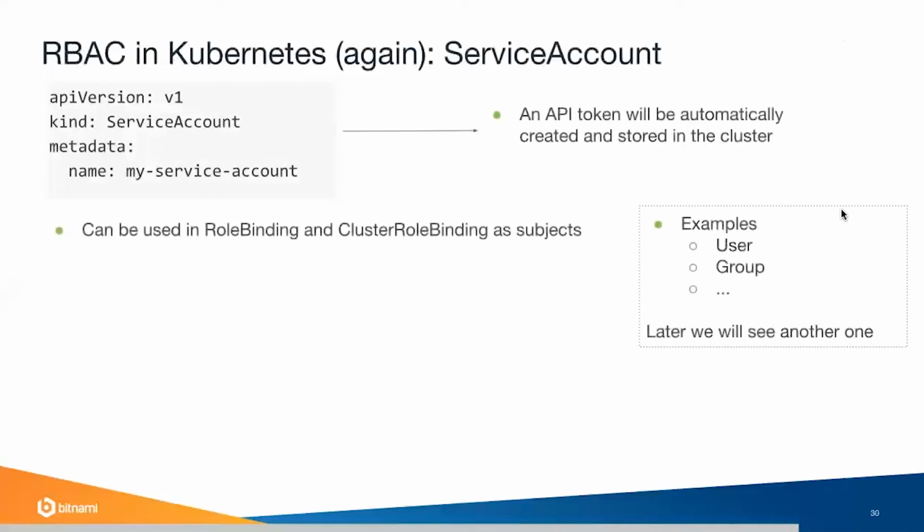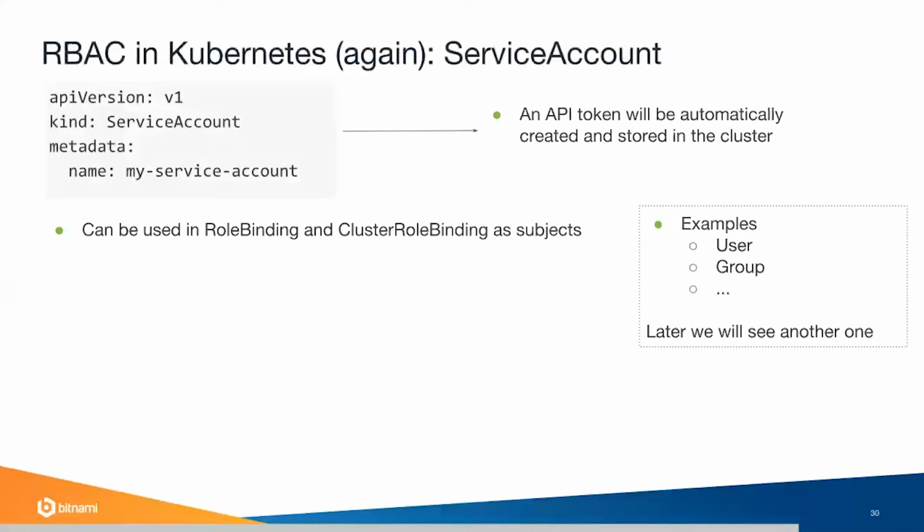Then service accounts can be used in role bindings and cluster role bindings, just like users and groups. So it's exactly the same assignment. So now we can create service accounts, create role bindings and cluster role bindings, just like with regular users.